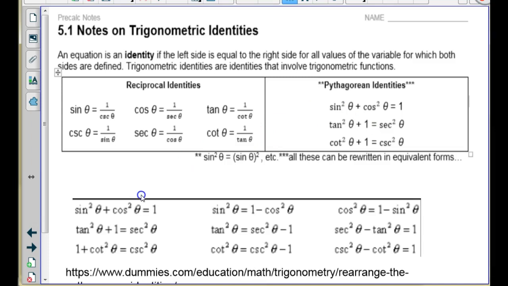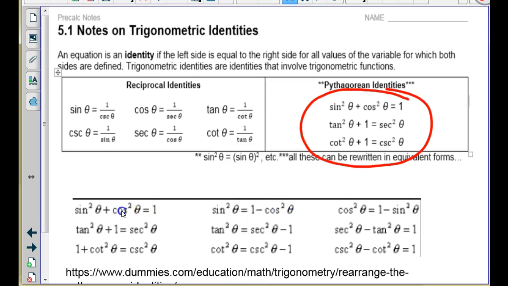Okay. Now, these three, did you find them on the reference sheet? These three can be rewritten so many ways. So many ways. Okay. So sine squared plus cosine squared equals 1. You could subtract the cosine squared over to the other side, so that said sine squared equals 1 minus cosine squared.